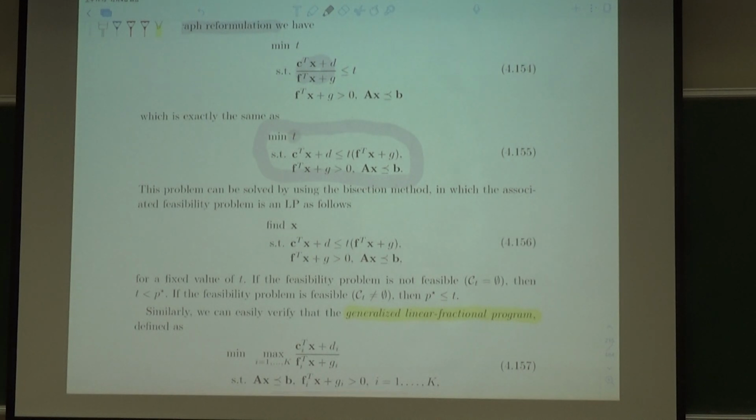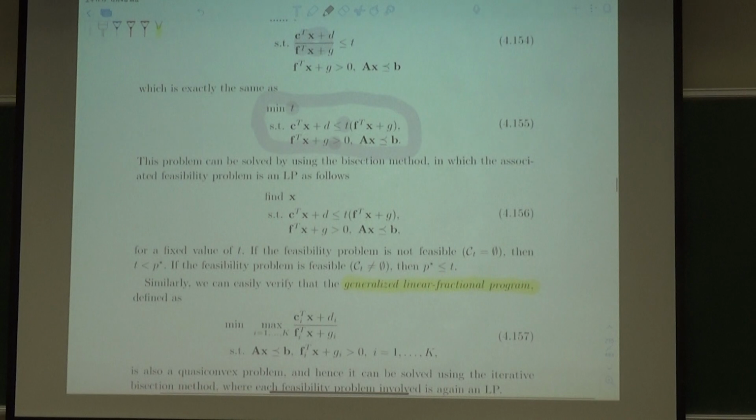If you fix t, then this is an ordinary linear inequality, right? It's an ordinary linear inequality. Okay, so we end up with this problem.